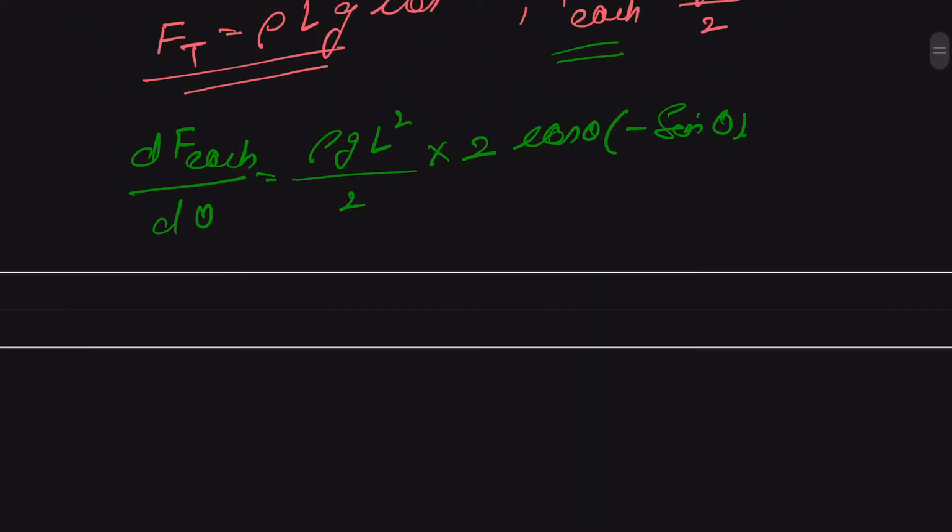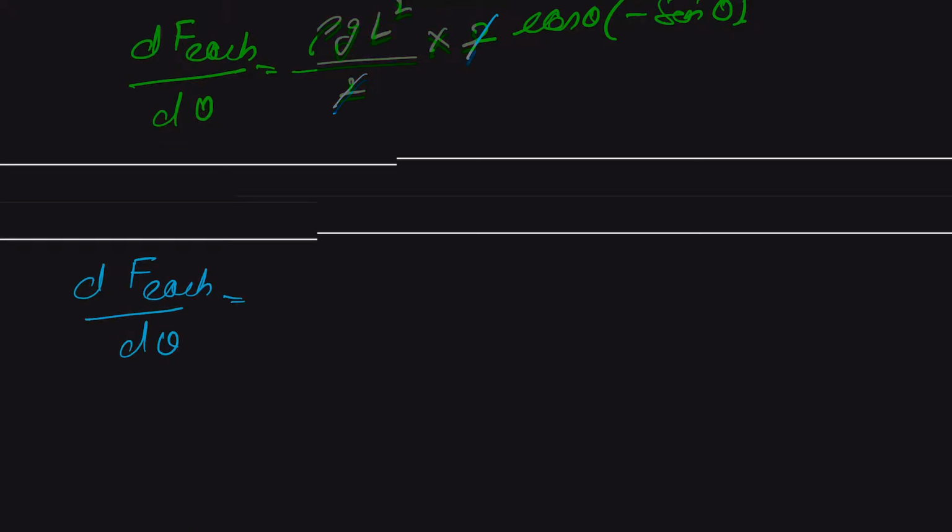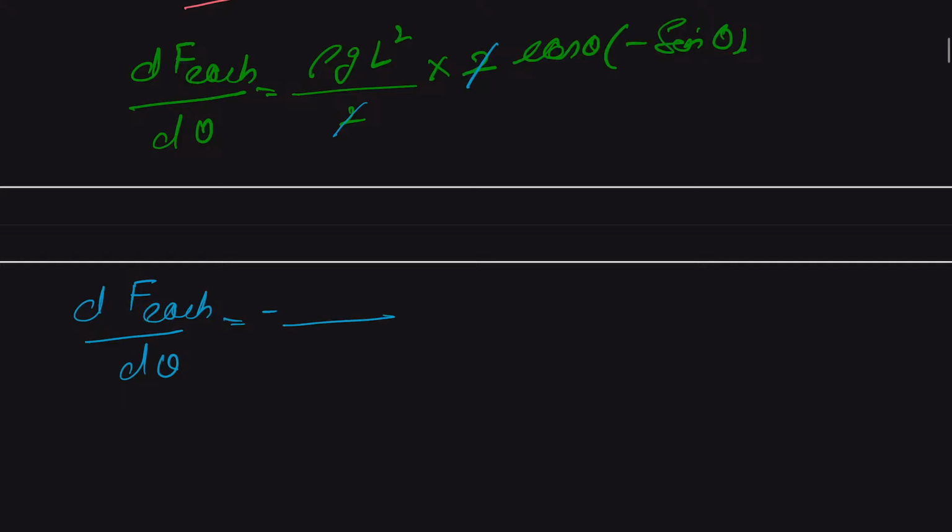And here this 2 and 2 cancel out. Therefore, we can say that the derivative of our F each divided by d theta will be equal to minus rho G L square, and we can write this as 2, and this comes as a sine of 2 theta.